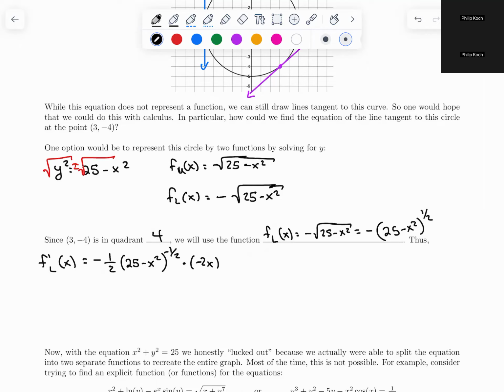So that negative sign sticks around out front, and then 1/2 times 25 minus x squared to the negative 1/2 by the power rule, times the derivative of the inside, which would be negative 2x. And that would end up being positive x over square root of 25 minus x squared.